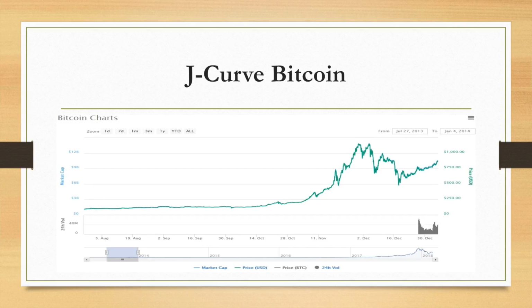We saw a massive amount of buys, almost 88 to 92% of the market was actually buys, so we knew there was going to be a massive price jump. This J curve also happens in part due to the recognition and the media coverage for Bitcoin. A lot more knowledge, notoriety, and awareness for Bitcoin and cryptocurrency is starting to come out, so you're going to see more of these J curves.